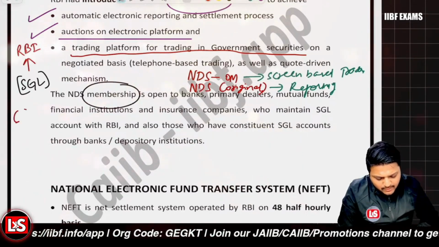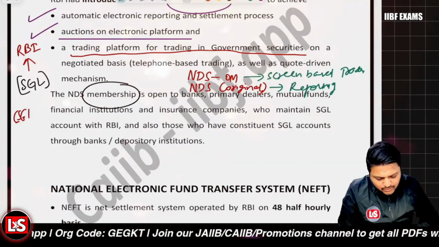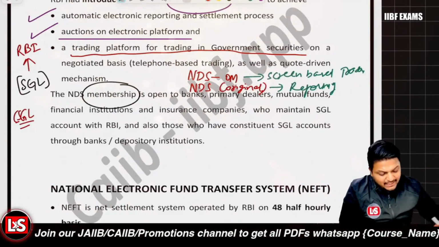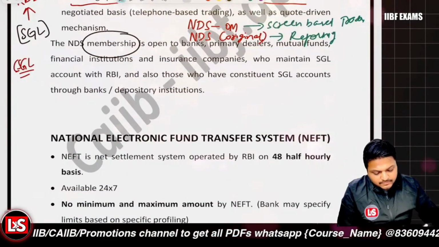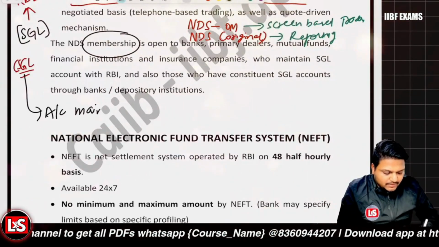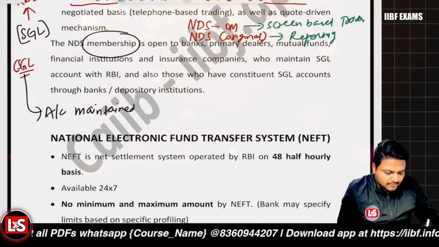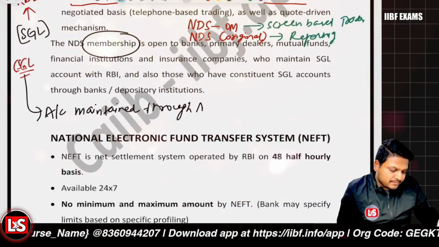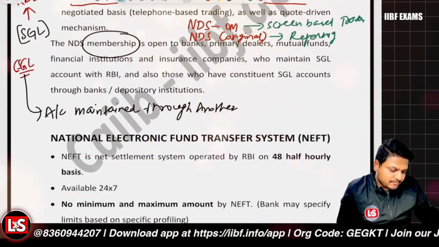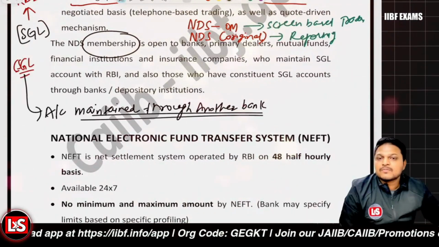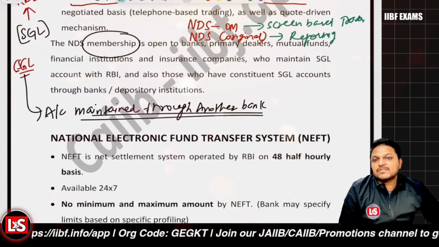And when we are talking about the CSGL account, it means the account is maintained through another bank. So even if the account is maintained through another bank, still you can be participating on NDS.